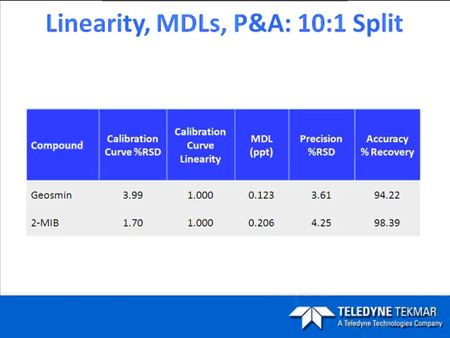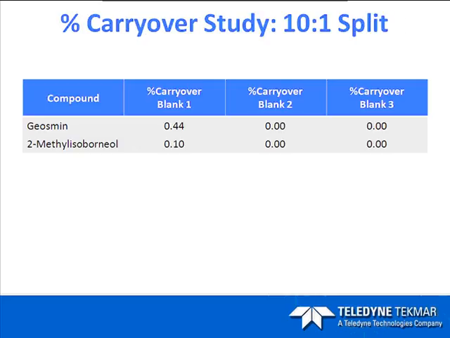The percent RSDs were 3.6 and 4.25, respectively, and you can see we looked at the percent recovery of the analytes out of that sparge vessel. The percent carryover for the 10 to 1 split was around 0.44% for the first blank, and the remaining 2 blanks after that showed 0 carryover whatsoever.